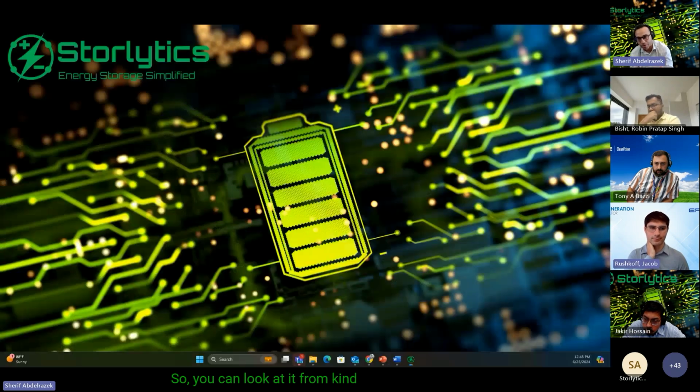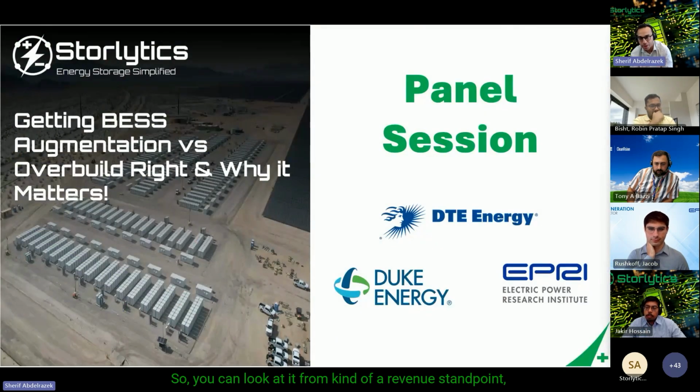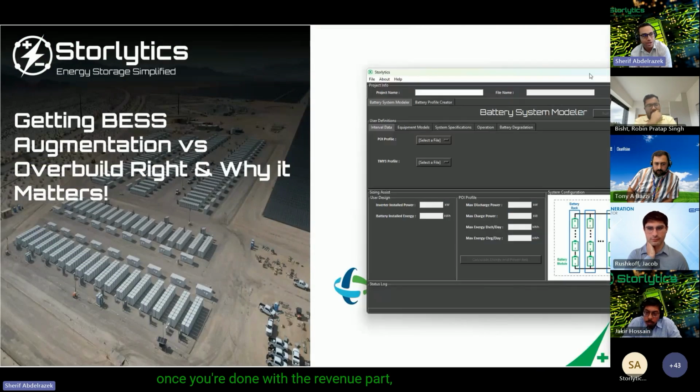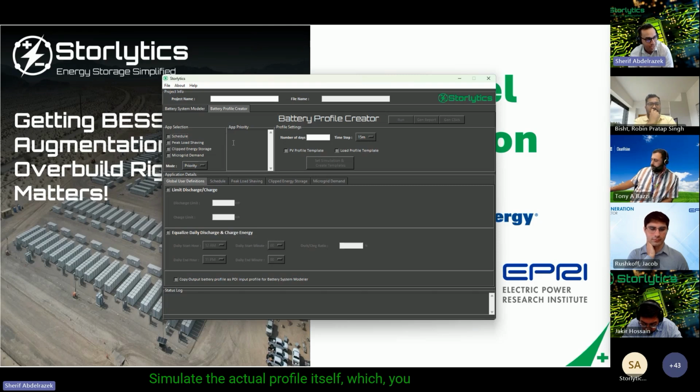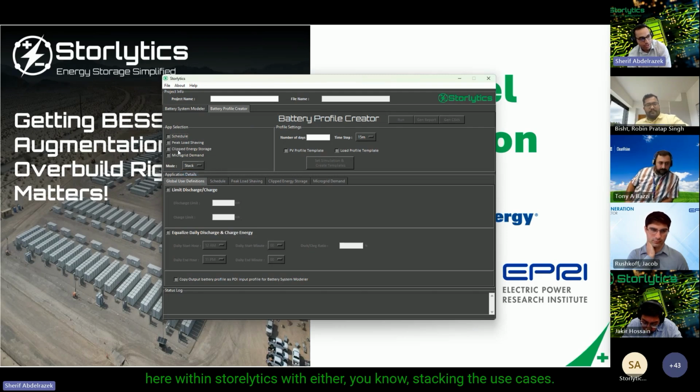You can look at it from a revenue standpoint. But once you're done with the revenue part, you then have to simulate the actual profile itself, which you're able to do here within Storlytics.